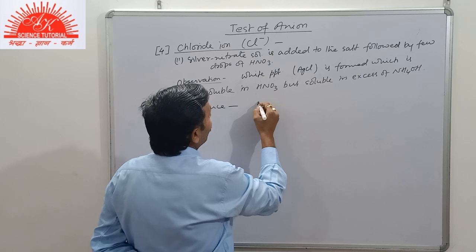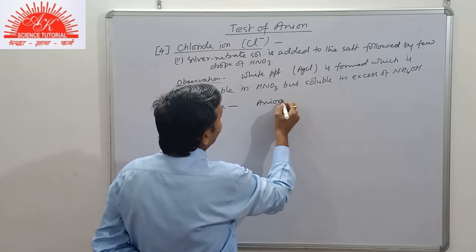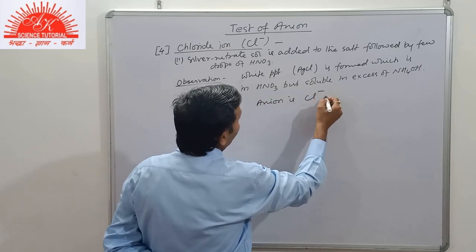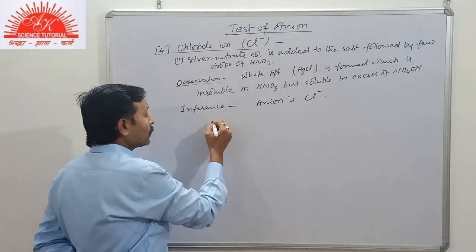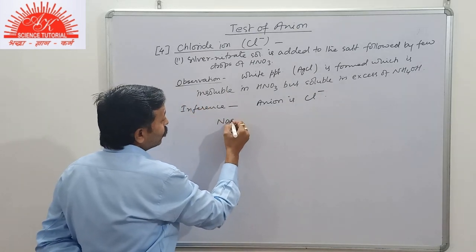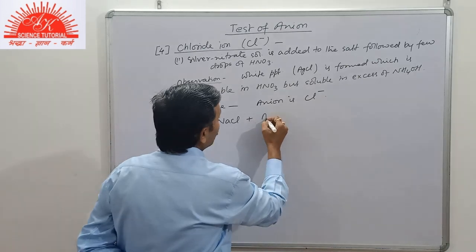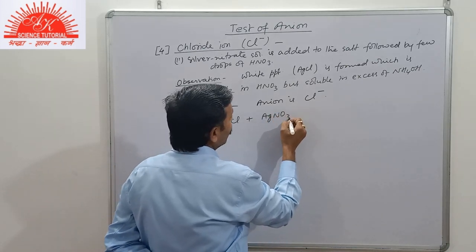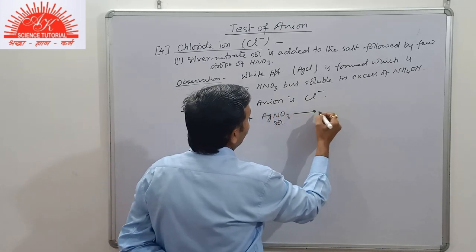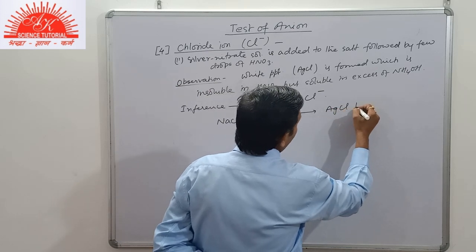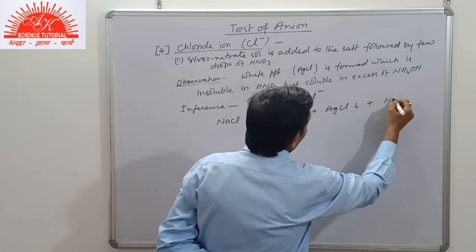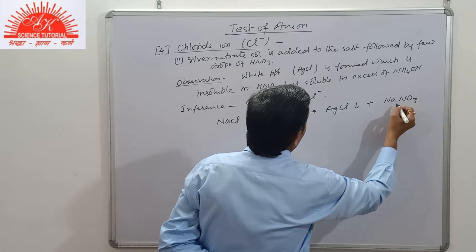So inference: now the anion is Cl minus. How is the reaction taking place? Suppose we have NaCl plus AgNO3 solution. It gives AgCl, the precipitate, plus NaNO3.